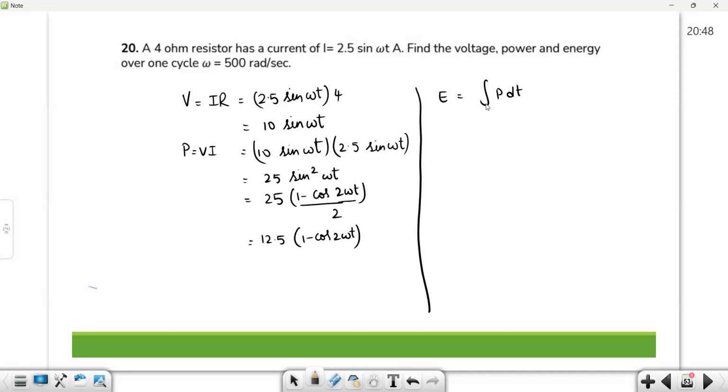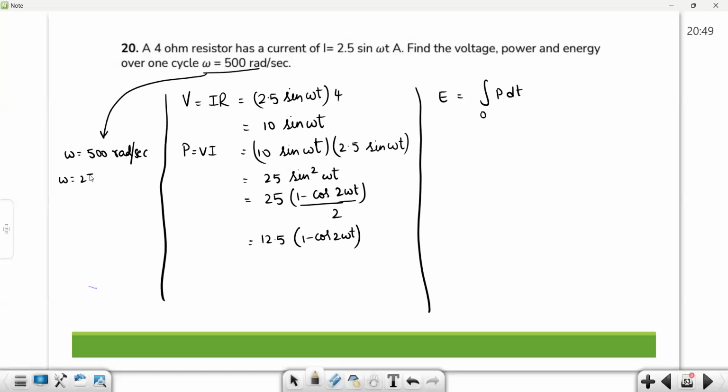And from where to where do we have to find it? He is asking over one cycle, and he has given omega is equal to 500 radians per second. That means from 0 to, we have to see what the time is.